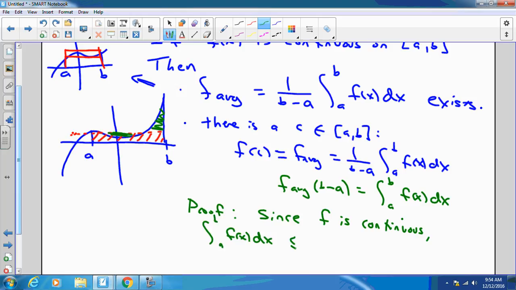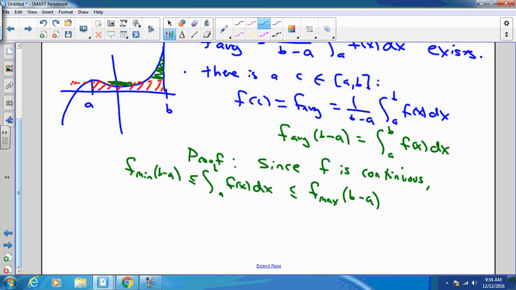therefore, the integral from a to b of f of x dx is less than or equal to the max, f max, times b minus a, and it is greater than or equal to f min times b minus a. This was our min-max theorem, or our bounding theorem that we had.